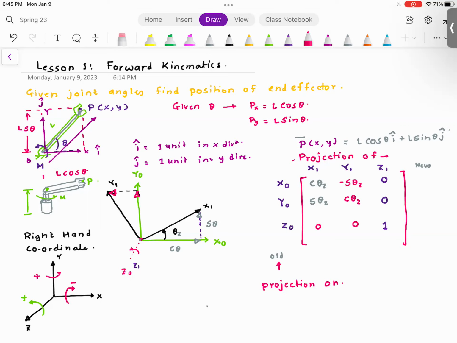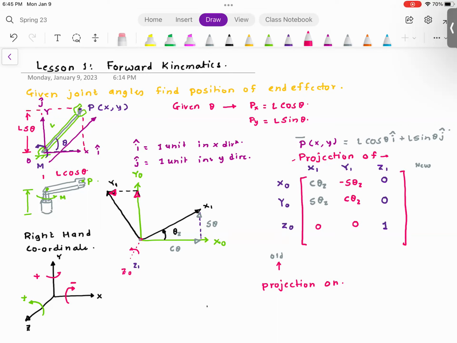This is the only projection matrix that you have to remember. I can derive the same projection matrix for rotation about X0 and rotation about Y0. But the most important projection matrix that we will use throughout the entire Robotics One is this. Nothing else. So I will explain this once again.